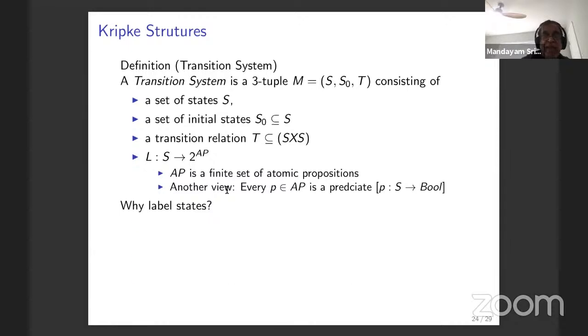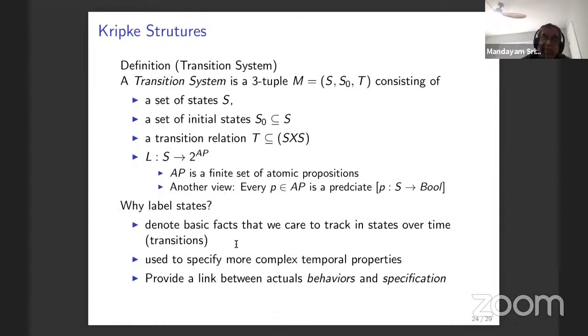So why label these states? They denote certain basic facts that we care to track in the states and their truth value evolution over time. And remember that even if there are an infinite number of states, these atomic propositions are only finite.